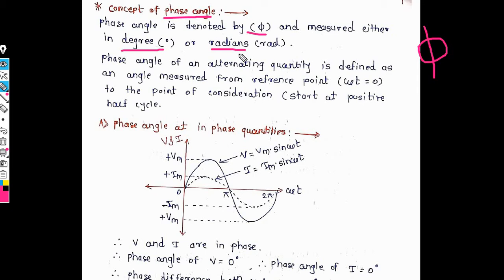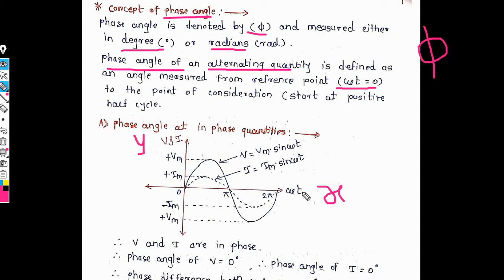Then the definition of phase angle. The phase angle of an alternating quantity is defined as the angle measured from a reference point. What is the meaning of reference point? That is omega t equal to 0. This is the x-axis here, this is the y-axis here.